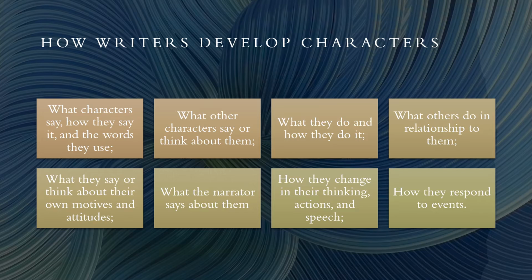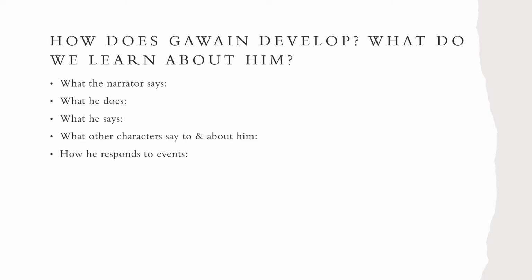What the narrator says about them, how they change in their thinking, actions, and speech, and how they respond to events. All of these things are part of Gawain's development. And we see that other people have a different opinion of him at the end of the narrative than he does of himself.